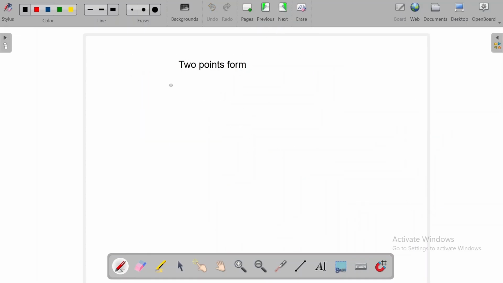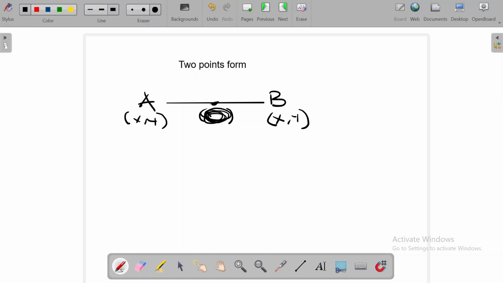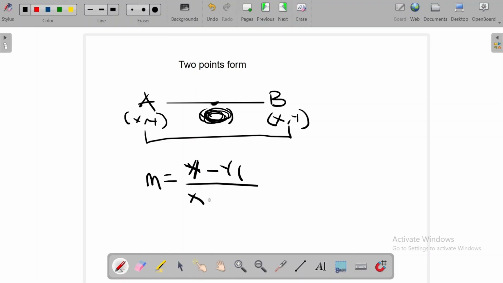If you look at the 2-point form, you're given the value of A, which could be x, y. You'll also be given the value of B, x, y, and you won't be given this value. You're asked to use both values to calculate the equation of the line. In this case, this is what the mathematical formula should be. Recall we said m is equal to y minus y1 over x minus x1, the formula we just used.